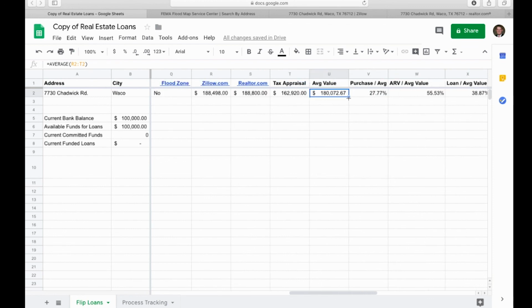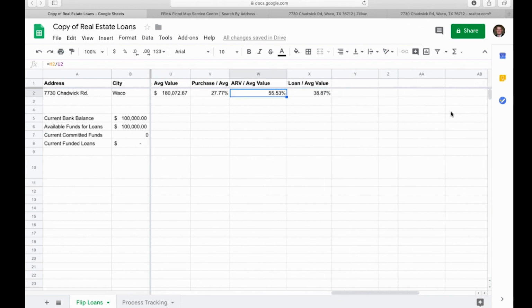And so the average value between all of these is $188,072. And so the purchase price divided by the average value is about 27%. Generally, I like to see a purchase price somewhere in the 50% range or less. And if you're looking at the ARV, less than the average value, it's 55%.